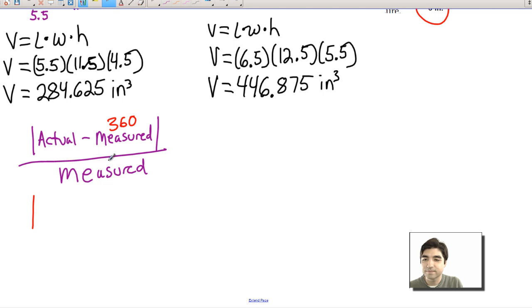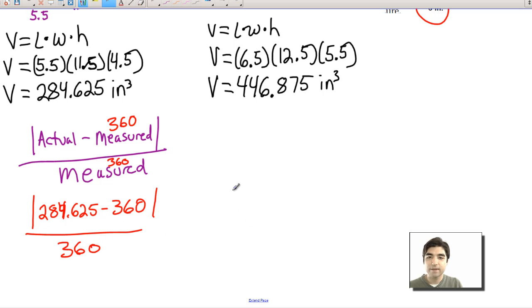I'm sorry. It says it right in the paragraph, right? So our actual measurement, let's say it was off and it was actually 284.625 minus 360, and then that's divided by 360.